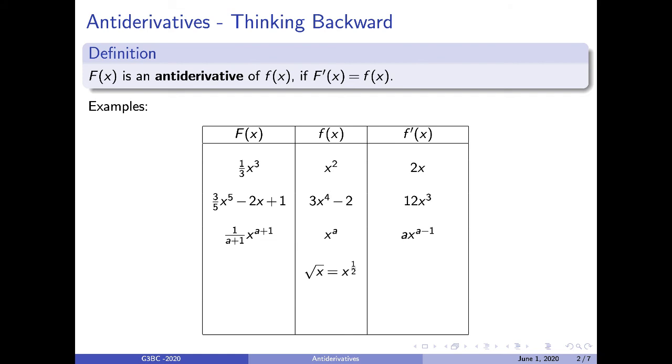Here's another example. As you know, the square root can be written as x to the power 1/2. If we use the power rule, then we get this, which we can rewrite with roots and fractions in this fashion. Recall that negative exponents transform into fractions.